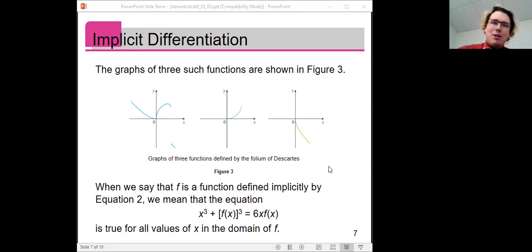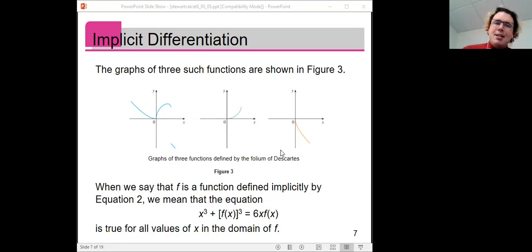So what we're going to do is we'll say that f of x is a function which is implicitly defined by the equation. So really when I'm saying x cubed plus y cubed equals 6xy, that y is some function of x that I just don't have a formula for.